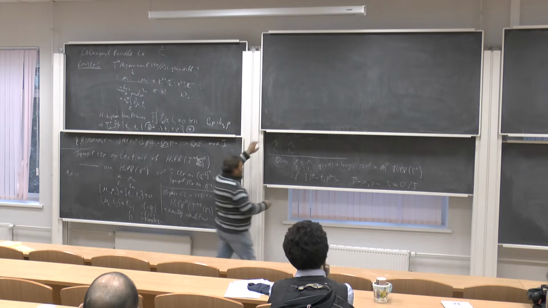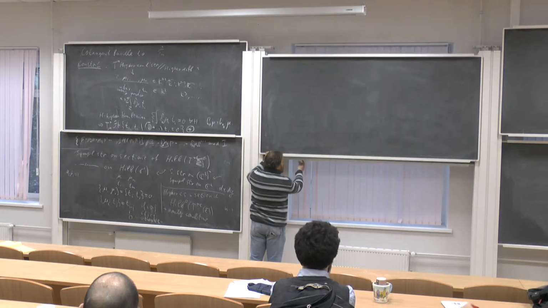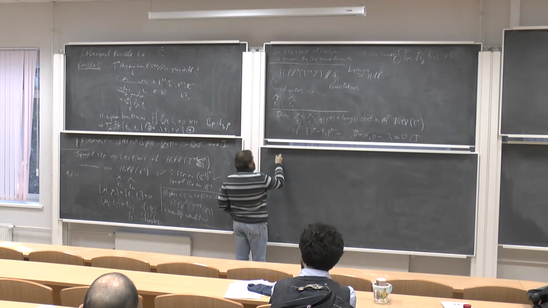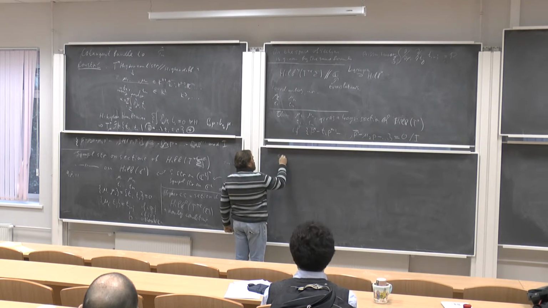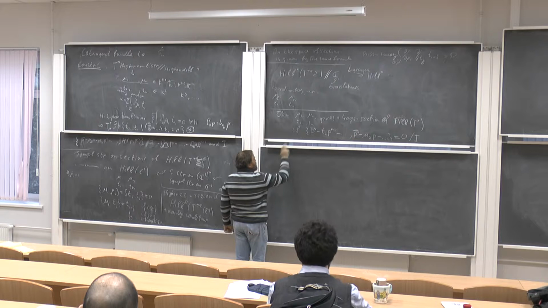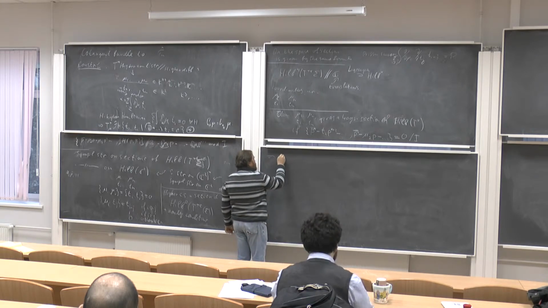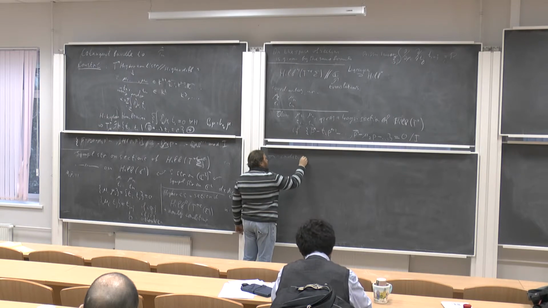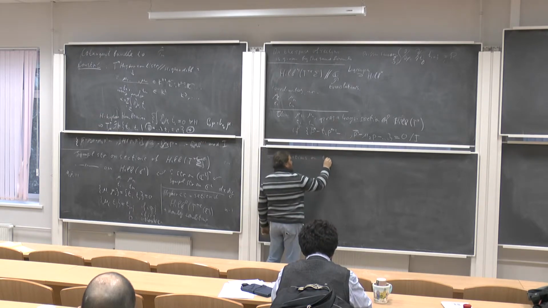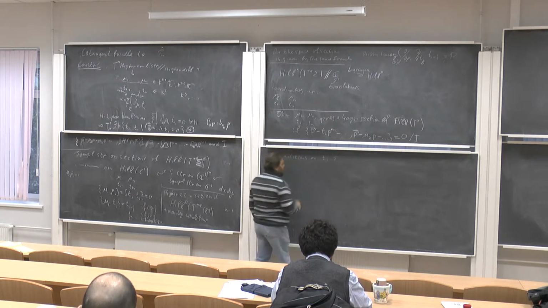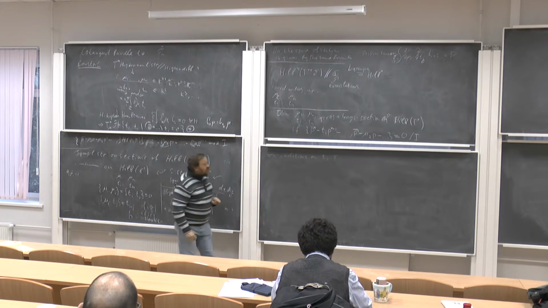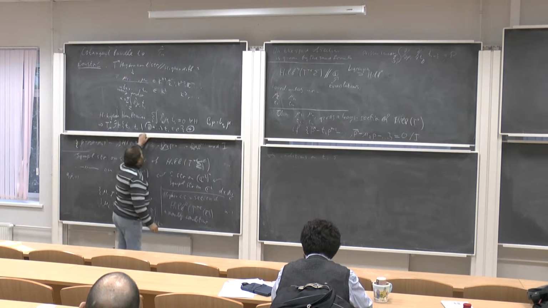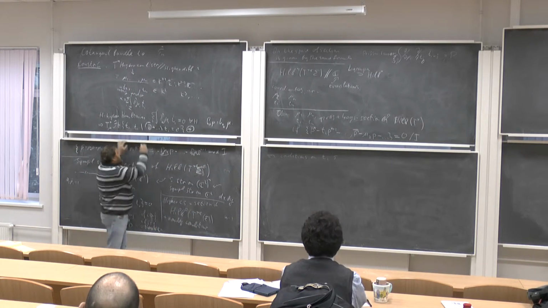But what is the observation? That you have some condition on the t_i's, and if you take this condition, you can compare it with the condition star, which I started with, these equations.